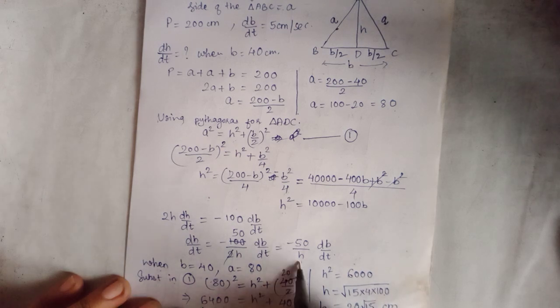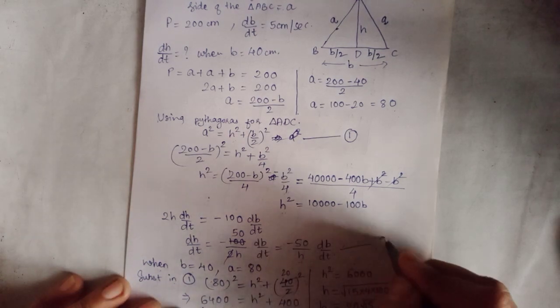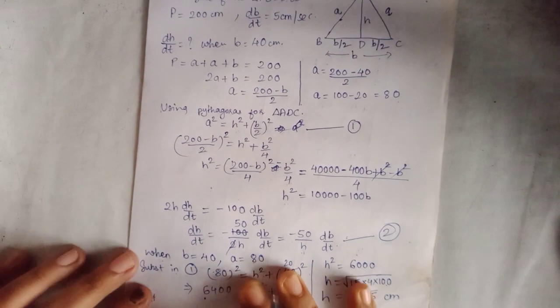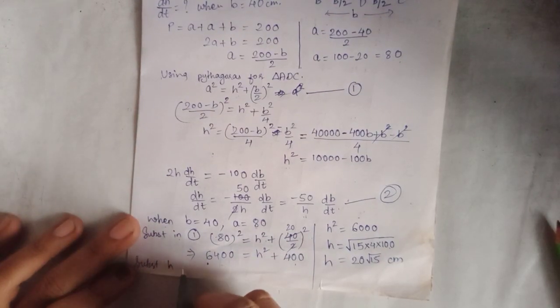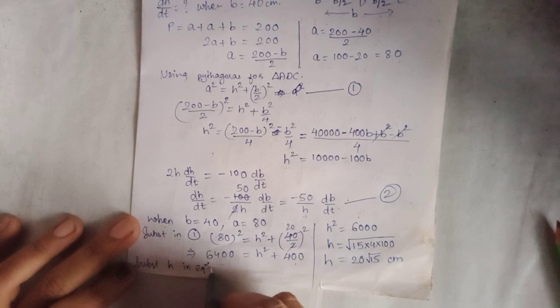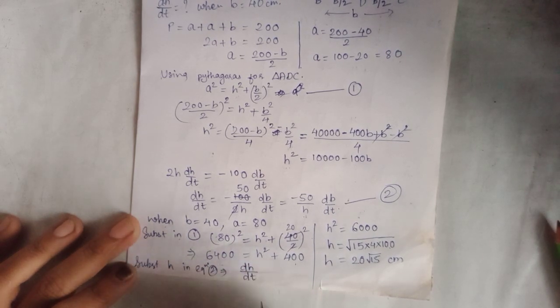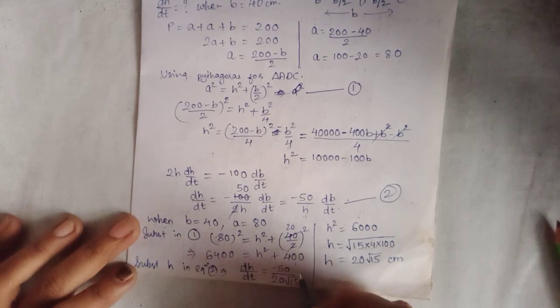This h you can substitute here in the equation. Let's say this is equation 2. So substituting h in equation 2, dh by dt is minus 50 upon 20 root 15, dB by dt is given 5, right?